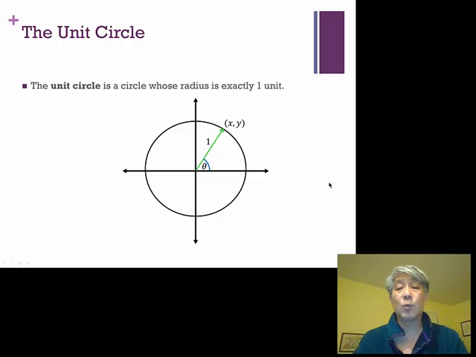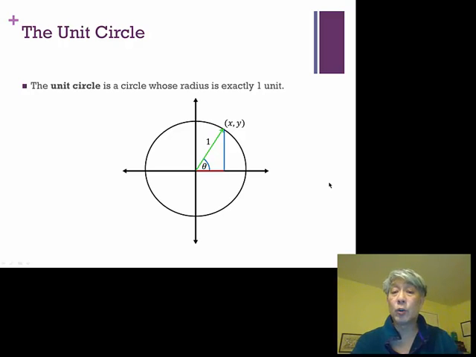The X and Y coordinates are there, and those X and Y coordinates can then form a right triangle. How much in the X direction, how much in the Y direction. And looking at this triangle, all of the trigonometric functions are pretty much based off of this triangle.